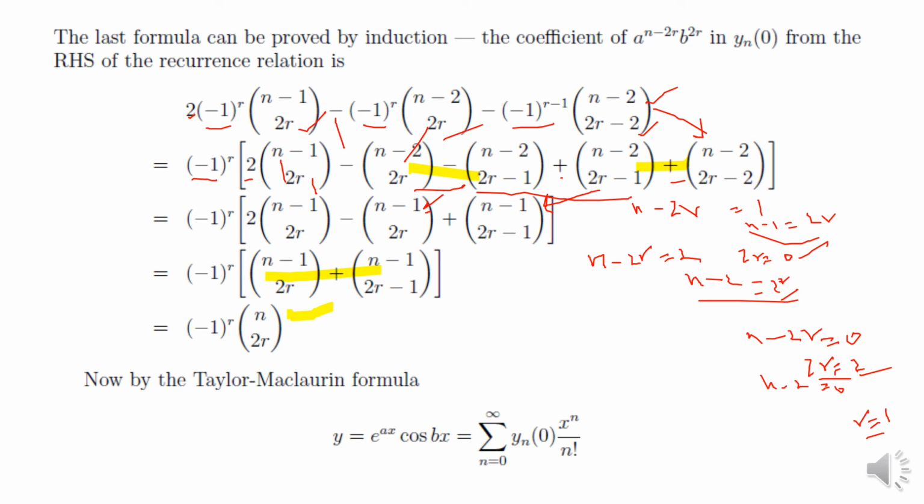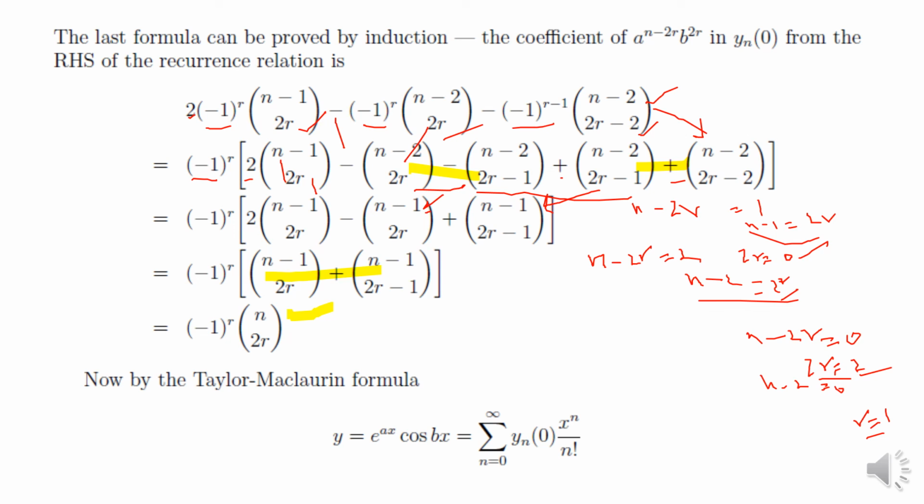That way we get n plus 1 Cr by using nCr plus nCr minus 1. So again we will use the same formula here also, and we get this expression. So this is the coefficient.